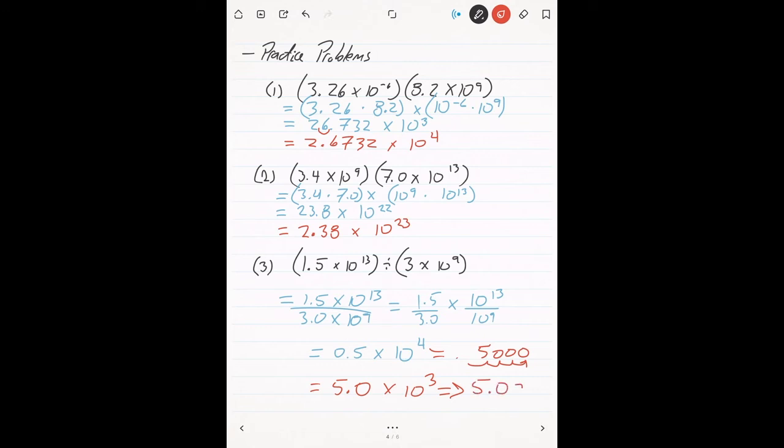So 5.0, I move it 1, 2, 3 places, and end up with 5,000. Okay? This just goes back to our original statement. If you move the decimal to the left at all, you increase the exponent. If you move the decimal to the right, you have to subtract away from the exponent.